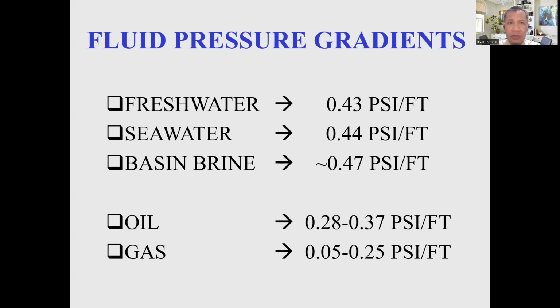All of these values indicate how the pressure of each fluid changes as you move vertically or horizontally through it, providing insight into the behavior of oil and gas in different environments.